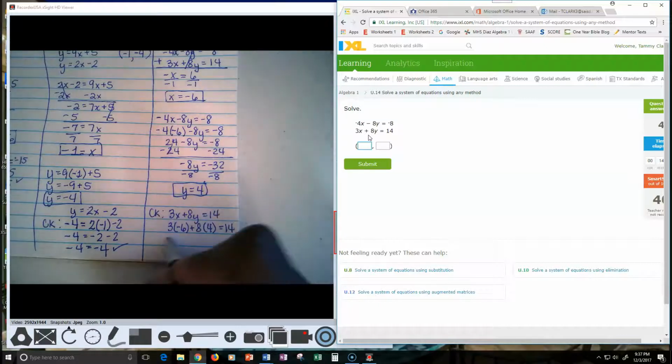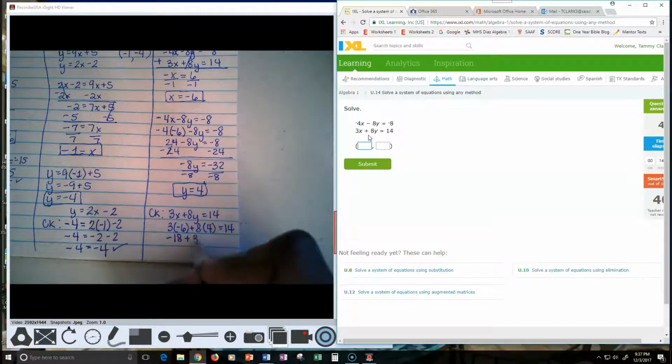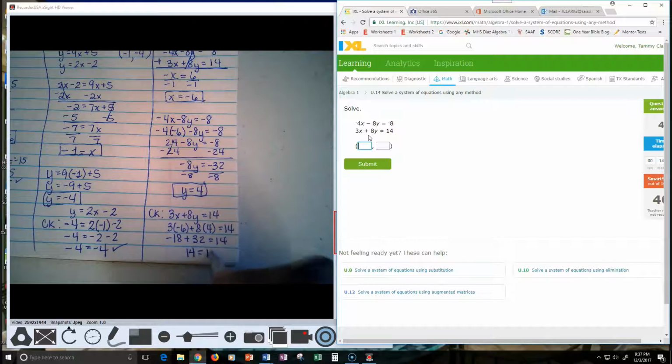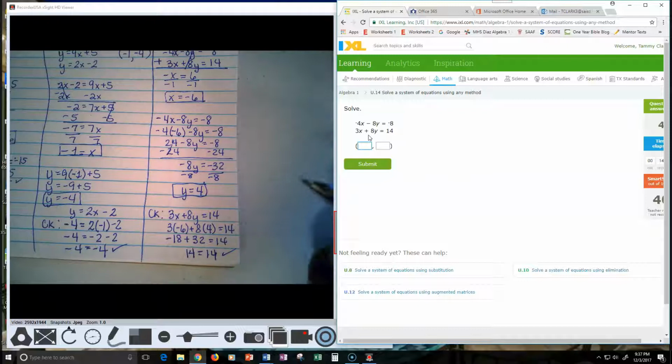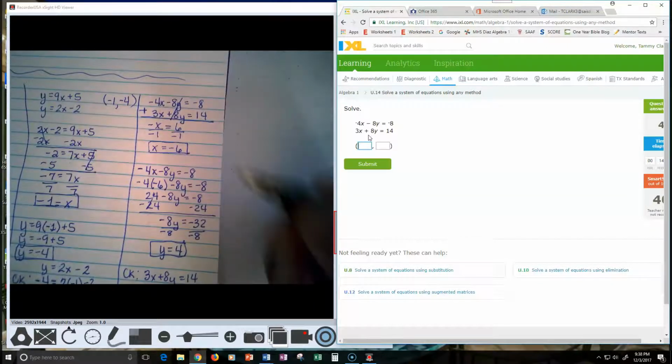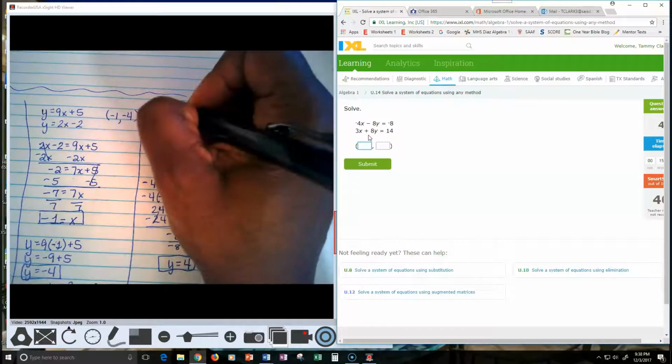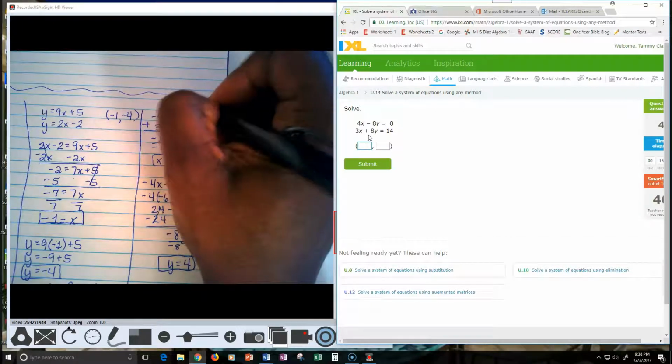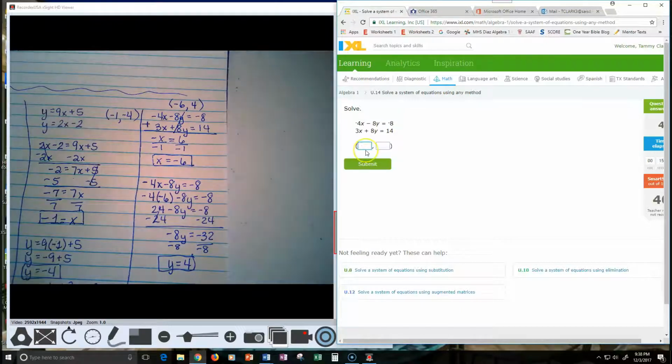Negative 18 plus 32 is equal to 14. 32 minus 18 is indeed 14, and 14 does equal 14. So we are correct. The ordered pair would be, I'll put it up here, negative 6, positive 4. That would be our answer, and we are done, at least for this one. I'll see you on the next one.